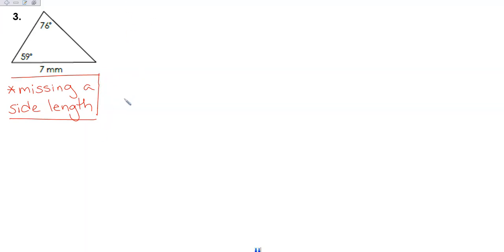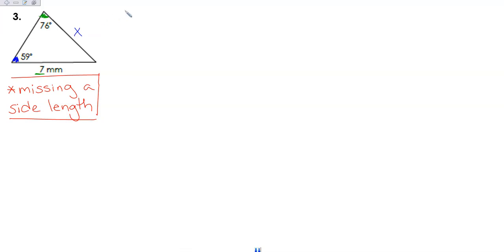So what we're going to look at here is I'm going to find this side length right here. I know it is across from this angle. I've got this angle measure here, which is across from this side.